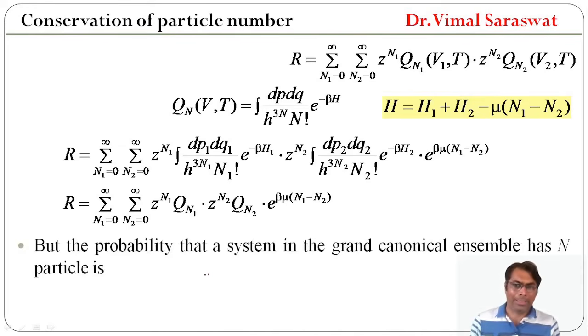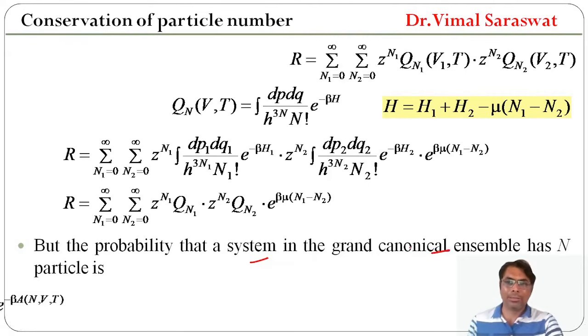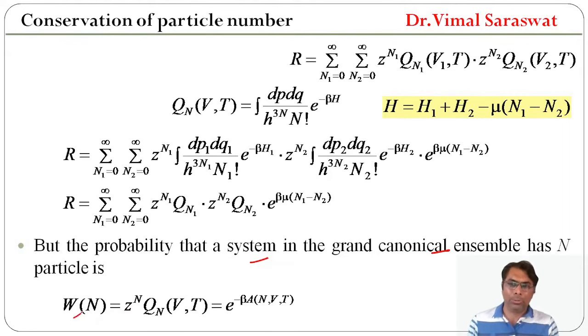But the probability that a system in the grand canonical ensemble has N particles is W equal to z raised to N Q N equal to exponential minus beta A, and A is the function of N V T. So the probability that a system in the grand canonical ensemble has N particles is this one.